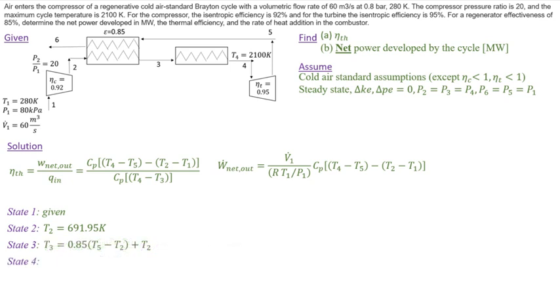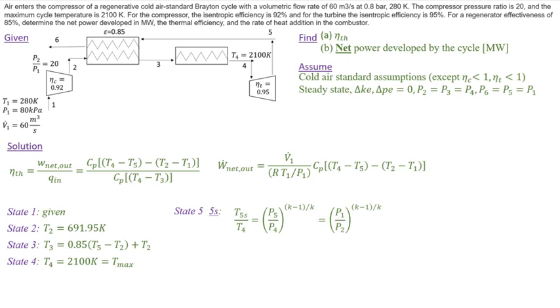State 4, that's given. It's 2100 Kelvin. That was the maximum temperature within my cycle. State 5, well, this is after a non-isentropic expansion process within my turbine. I do need to calculate state 5S, so the state at the end of the isentropic expansion within that turbine.